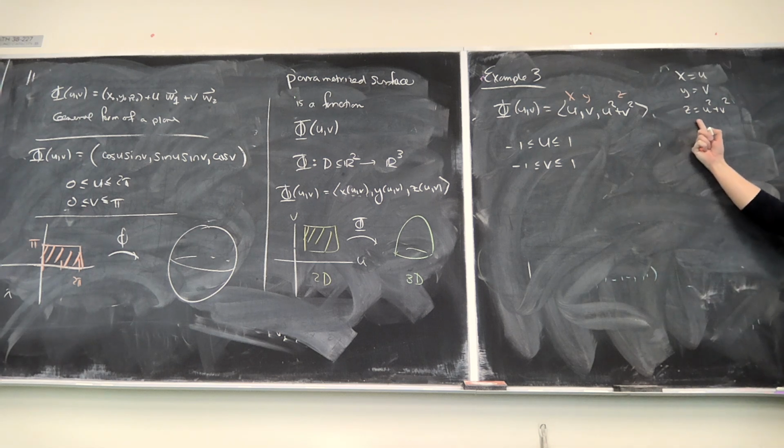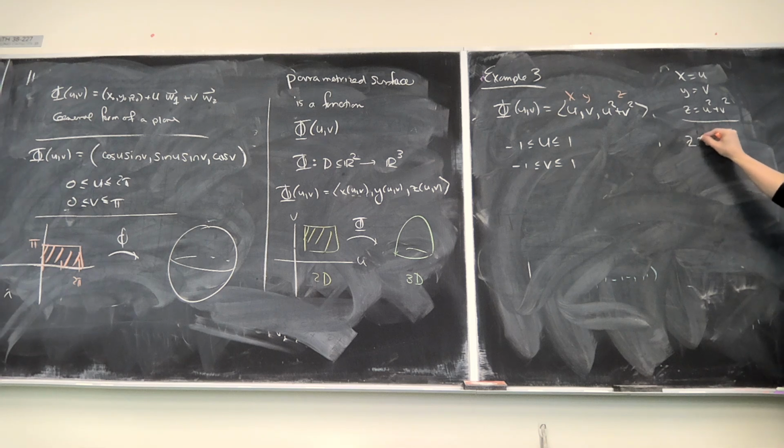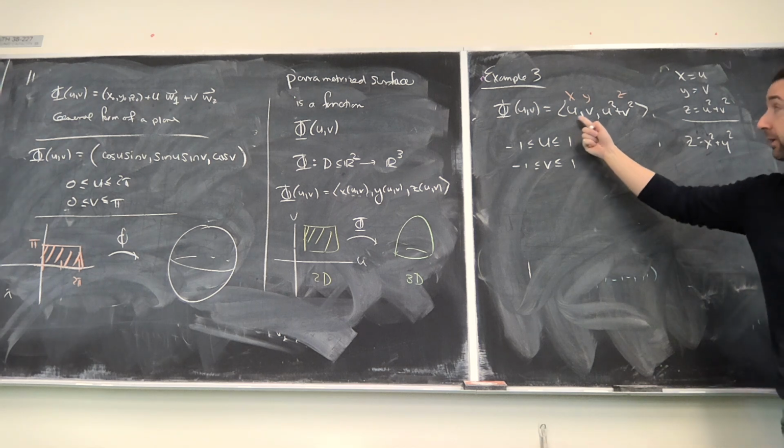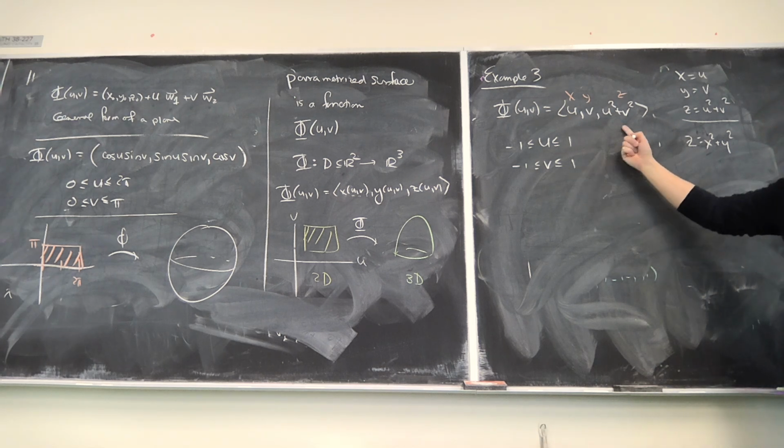But I could eliminate the parameter on this last equation just by substitution, and that would turn into z is equal to x squared plus y squared. It's a paraboloid. And this is generally the way that we parameterize functions. If I have a graph, z is equal to f of x and y, I could write the independent variables as x and y, and the dependent variable as z.